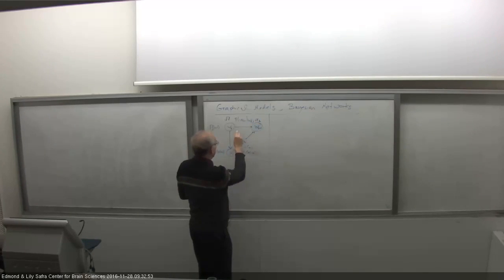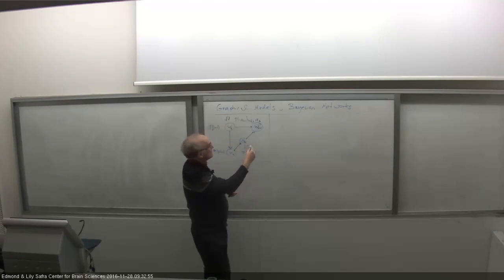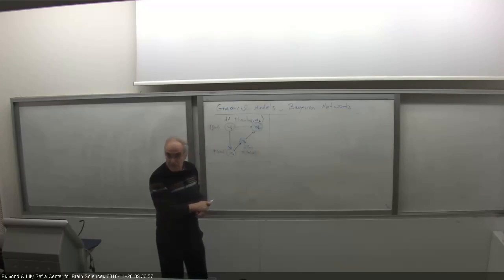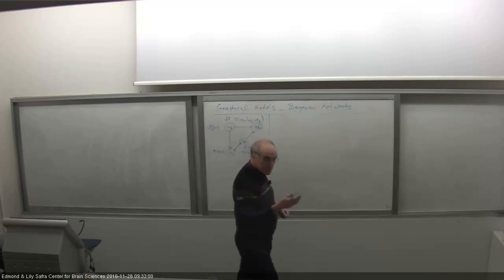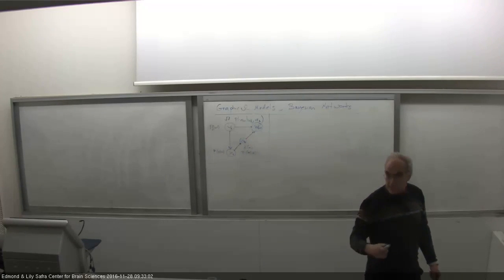Now this becomes X_t and A_t. This is really the assumption: the state of the world depends on the previous state of the world and my current action.